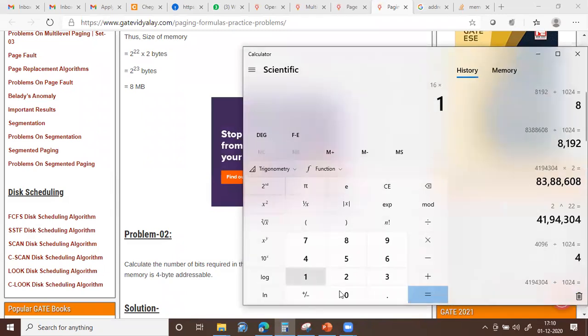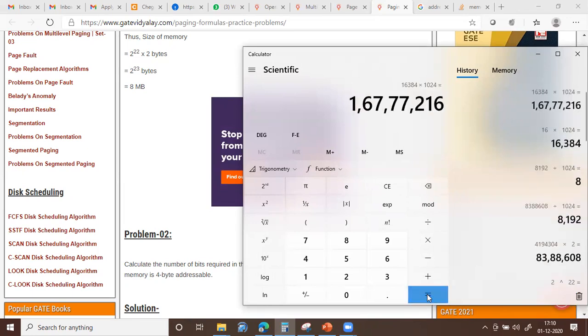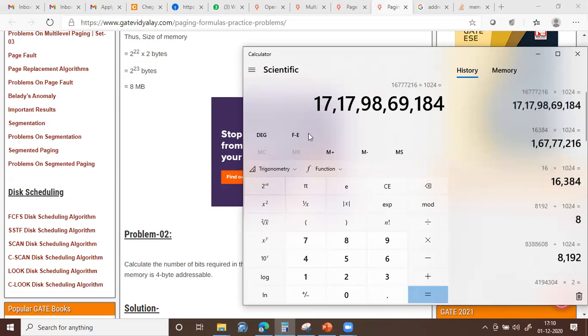Multiply by 1024, that many MB. How many KB? Multiply this by 1024, that many KB. How many bytes? Multiply again by 1024, that many bytes. So 16 GB contains this many bytes.